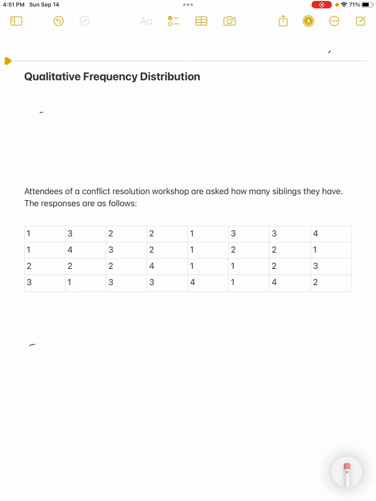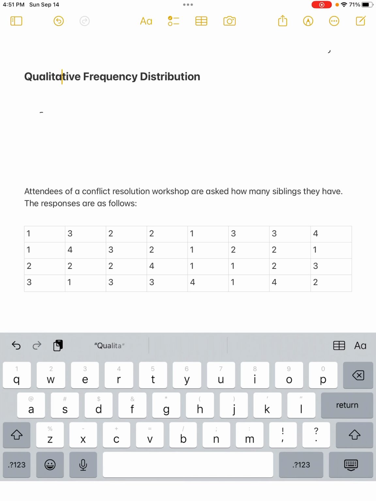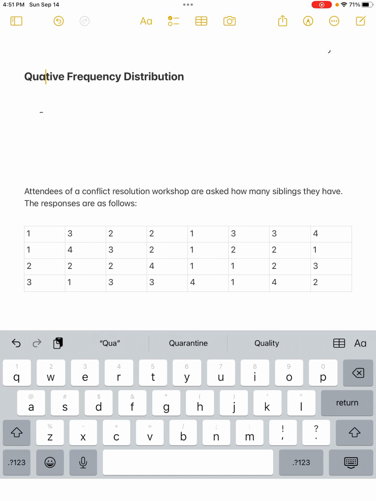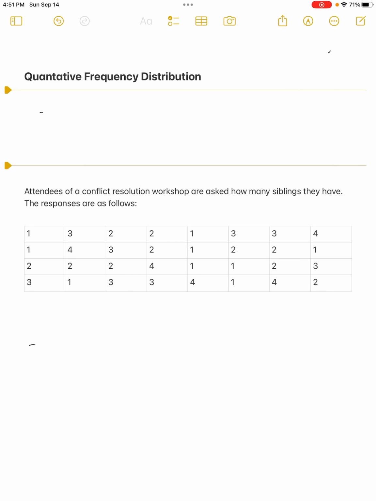The next one is qualitative. Actually, I shouldn't say qualitative. It should say quantitative. Quantitative frequency distribution. That's my mistake for putting that in here. This one is a frequency distribution with numbers, right?